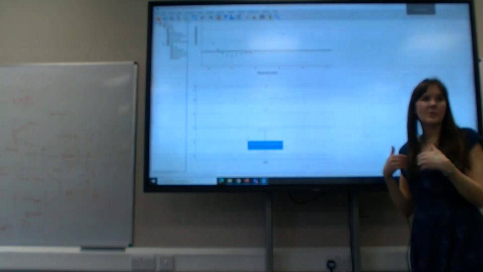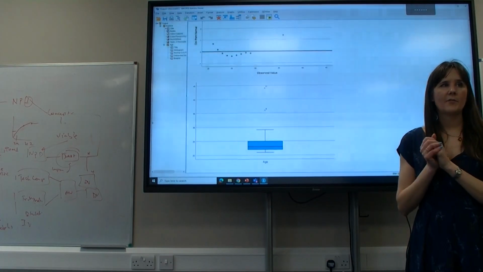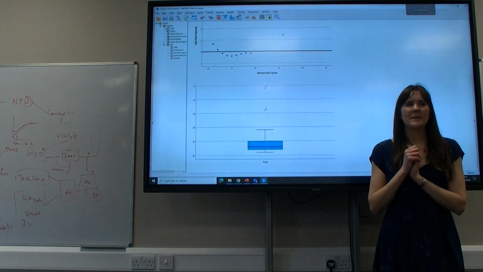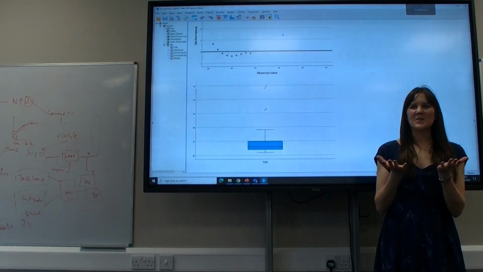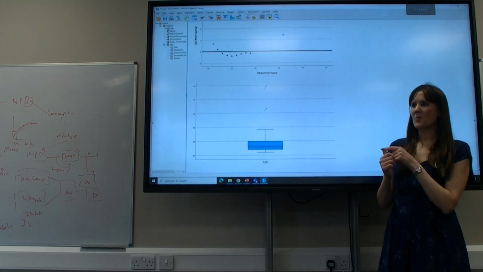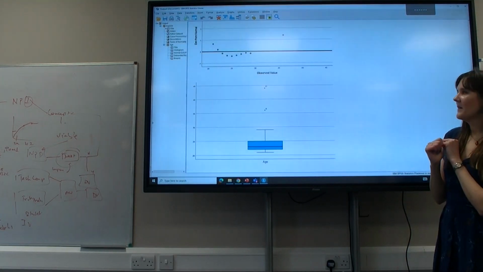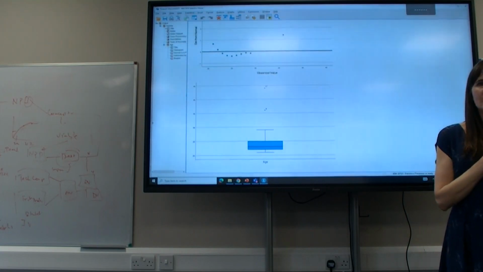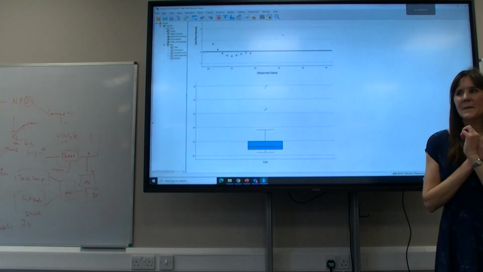Or we remove them, and then we haven't got a problem with outliers in our data set. So I put it to you to have a vote. Your options are 1, keep them in, and 2, remove them from the data set.